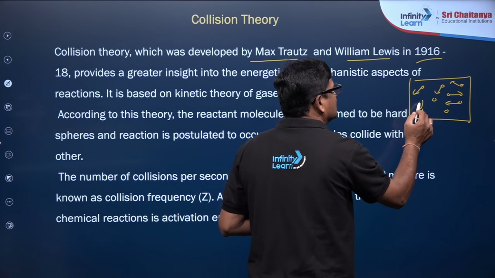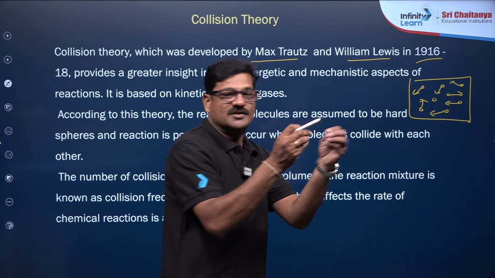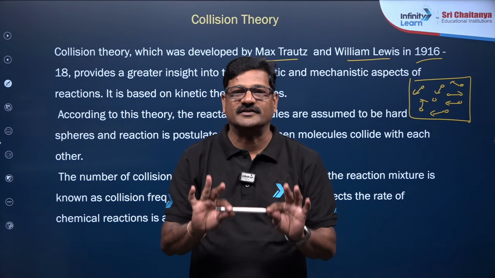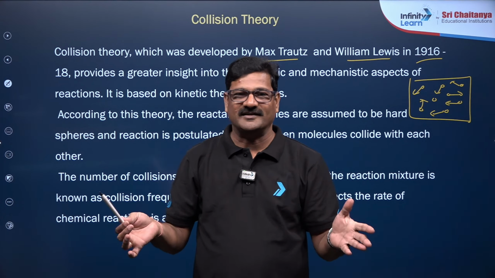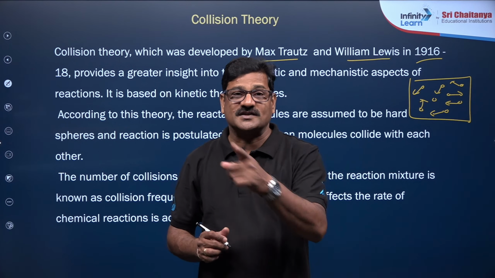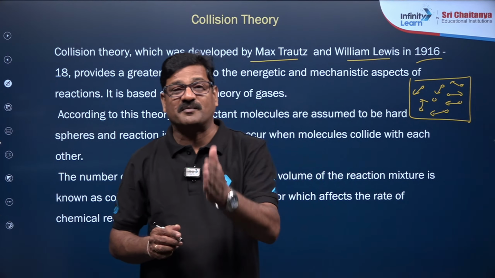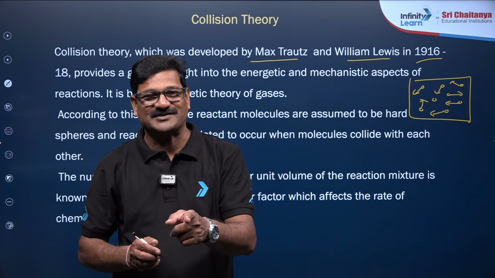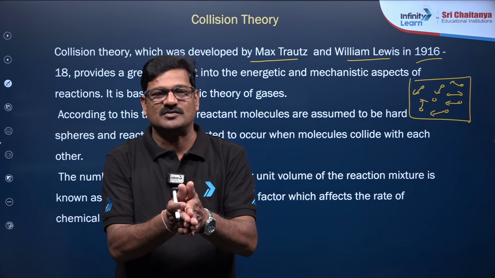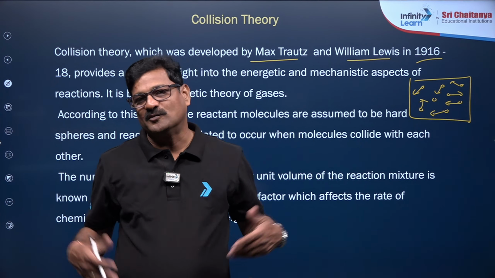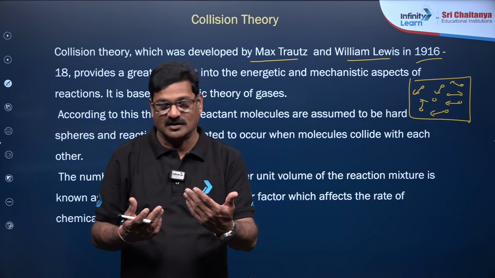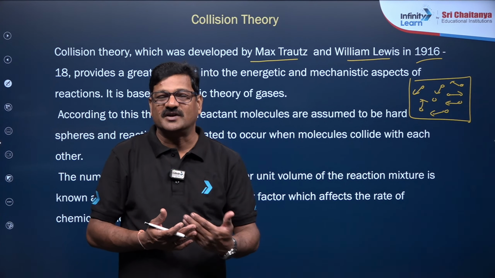In this random motion they make collisions, and these collisions are perfectly elastic according to the kinetic molecular theory of gases. Of course, this collision theory is only applicable for bimolecular reactions. What are bimolecular reactions? Only 2 reactant molecules are involved. If it is more than bimolecular, this theory is not able to explain it. I don't say it won't work, but it has its limitation.